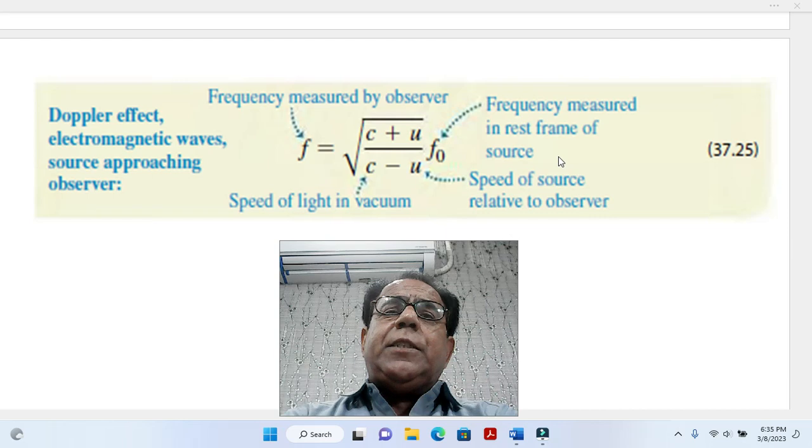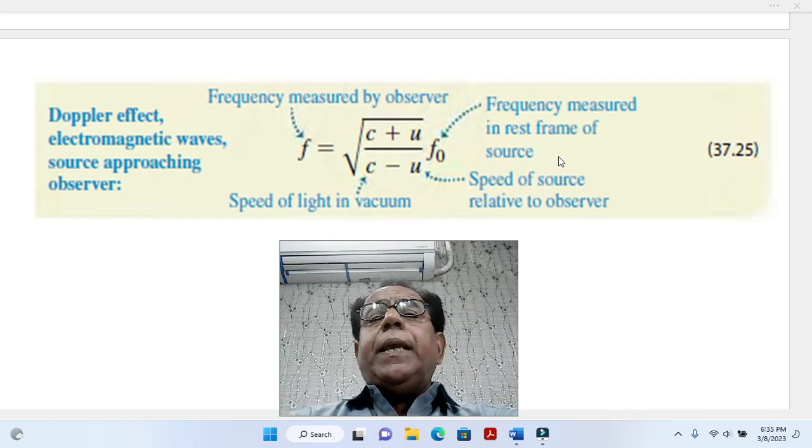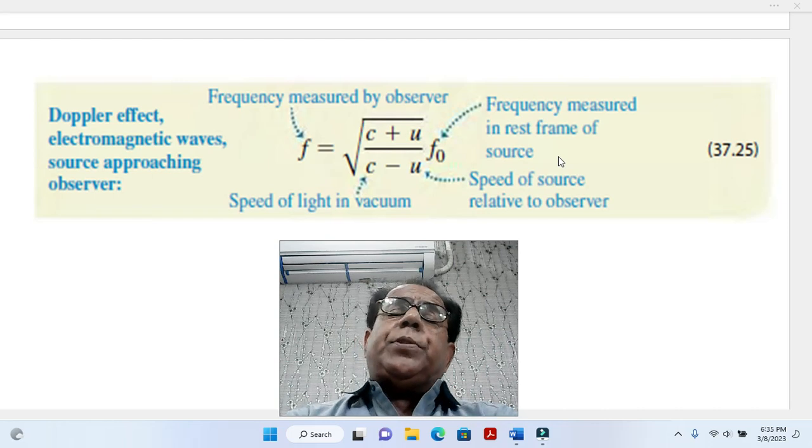Where c is the speed of light in vacuum and u is the speed of source relative to observer. This is the main tool which will guide us throughout this problem.